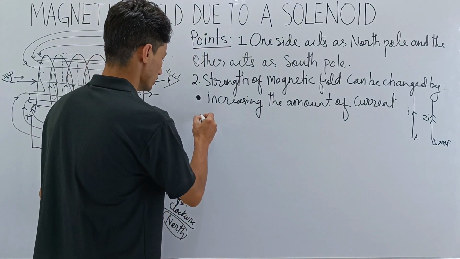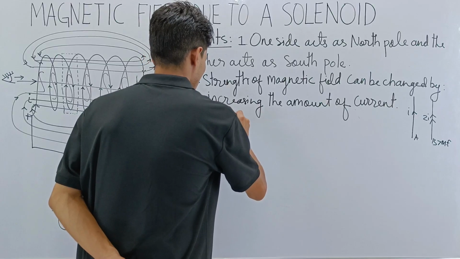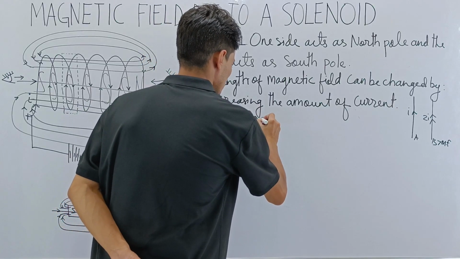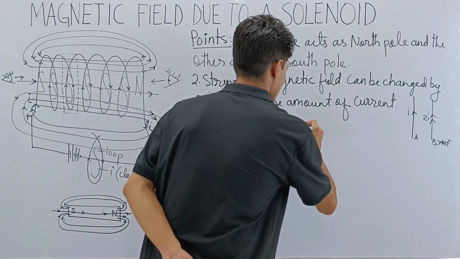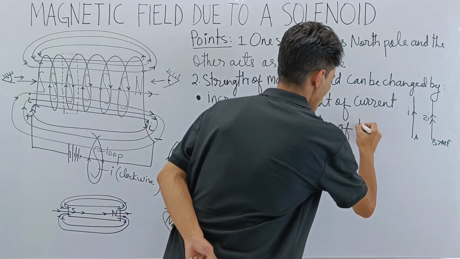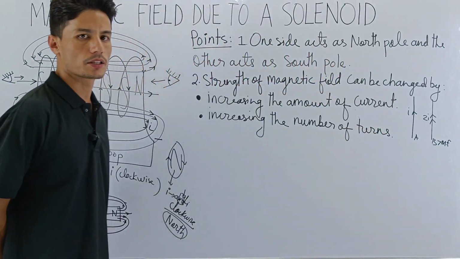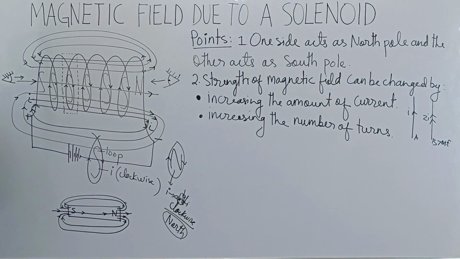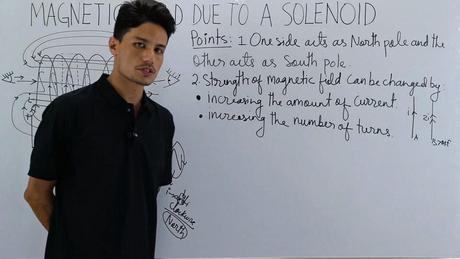So next point, increasing the number of turns. Whose turns are we talking about? We are talking about the loops.